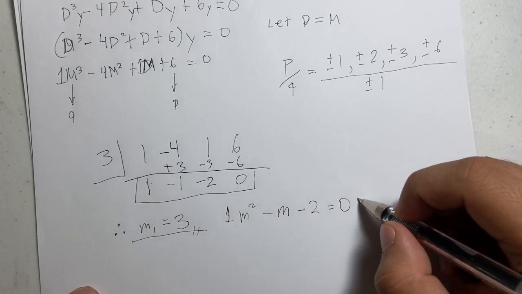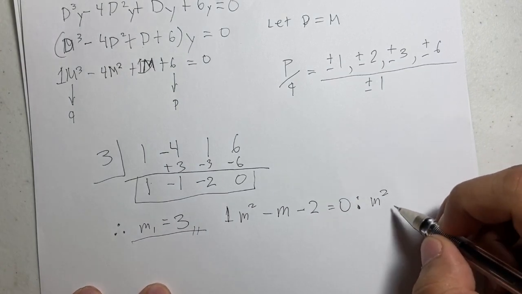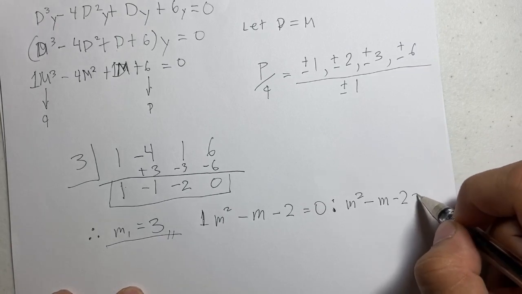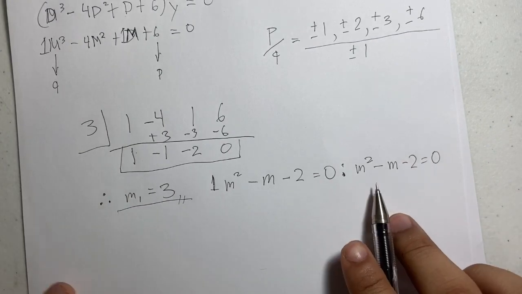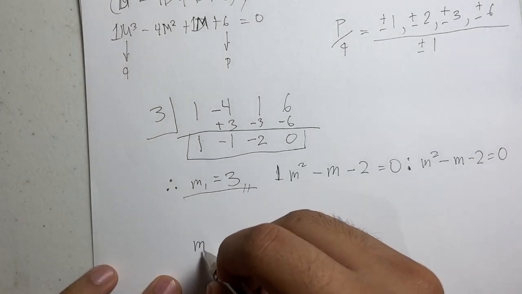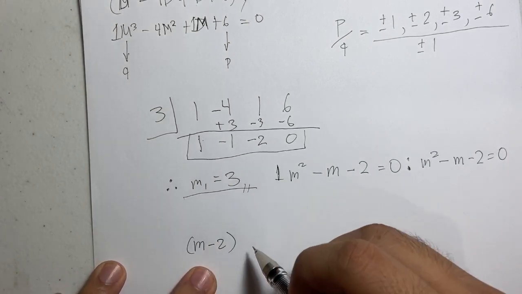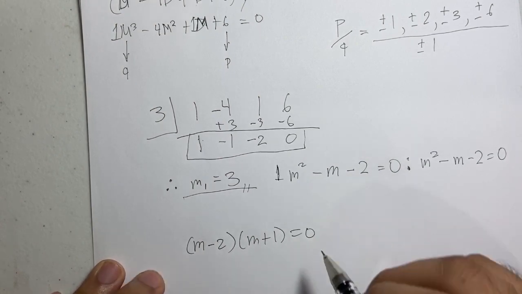is equal to 0. Now, our equation is simply m squared minus m minus 2 equals 0. Then if we factor this equation, we will have m minus 2 times m plus 1 is equal to 0.